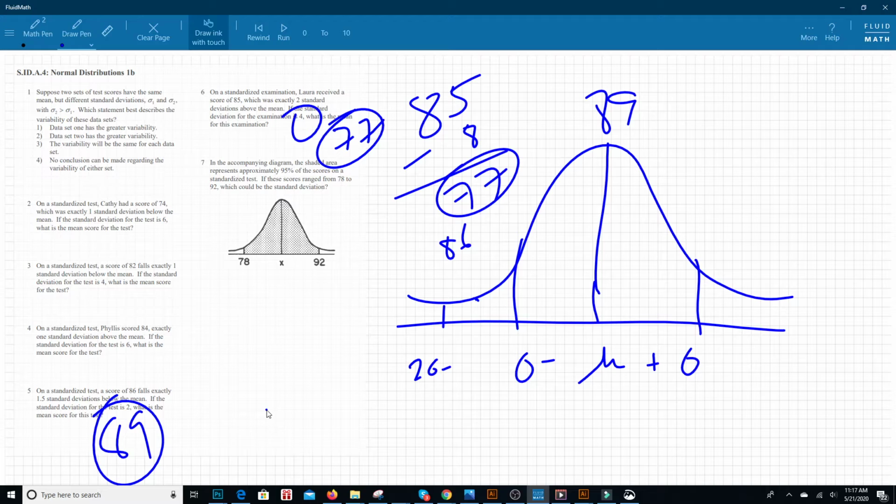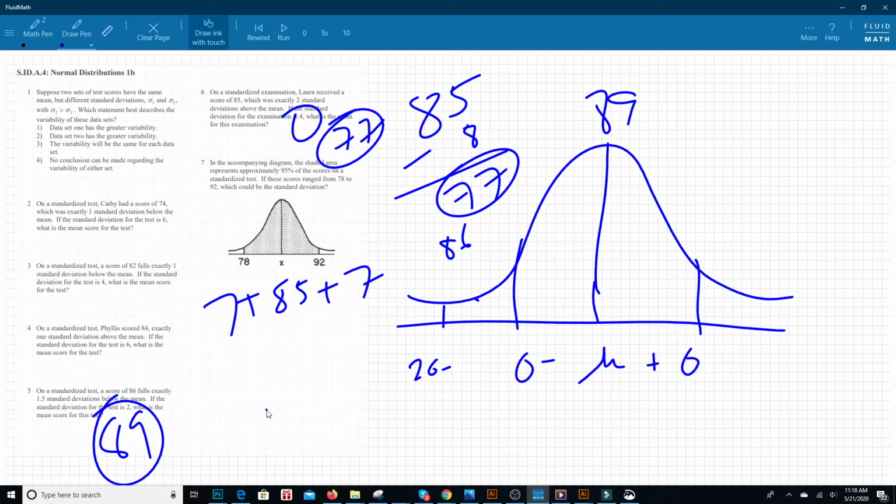So 95% goes within 2 standard deviations, right? 85 is the middle, so plus 7 gives you 92, and 85 minus 7 gives you 78.